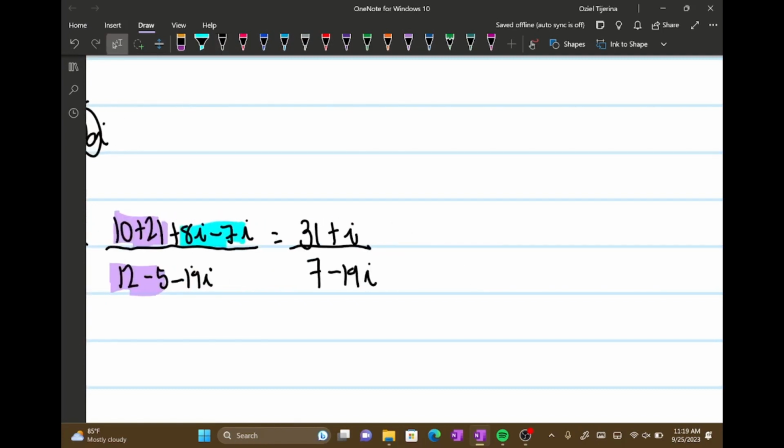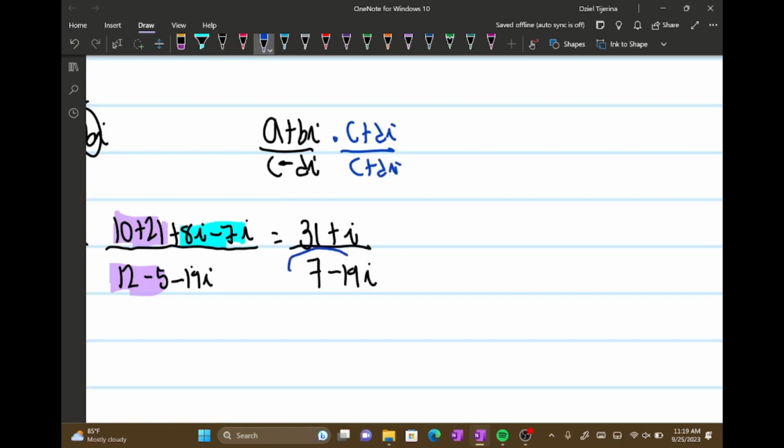Now, the idea here is we want to go ahead and multiply by the conjugate of the bottom. So the way we're going to do this, if we have a plus bi over c minus di, we're going to multiply by the conjugate, c plus di over c plus di.